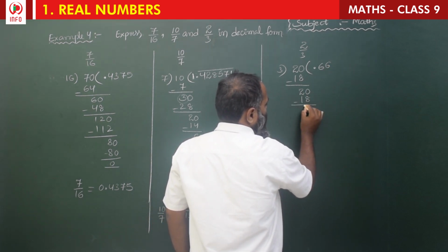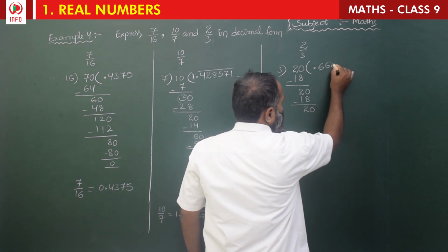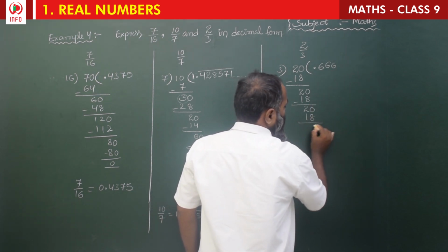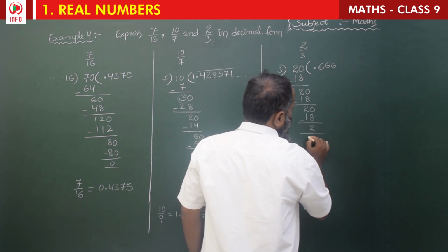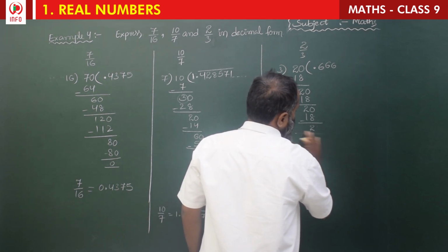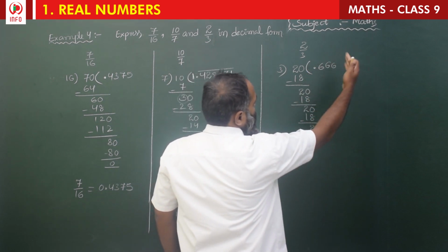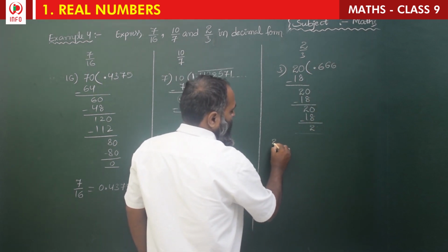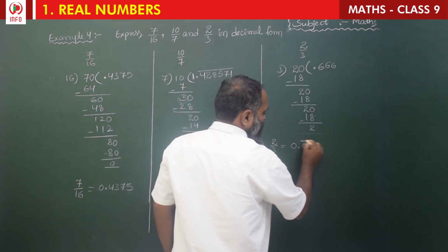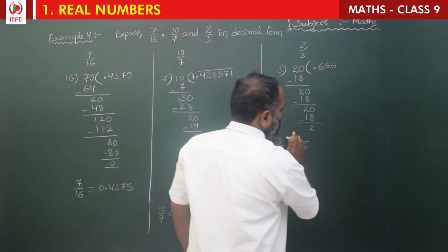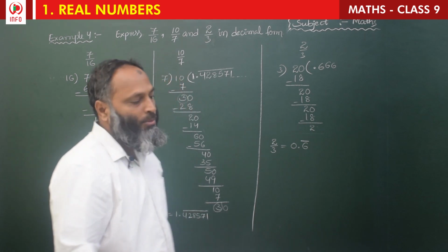Again 2 left. 20 will come. Again it continues. So 6 will continue. That means 2 by 3 is equal to 0.6 bar.